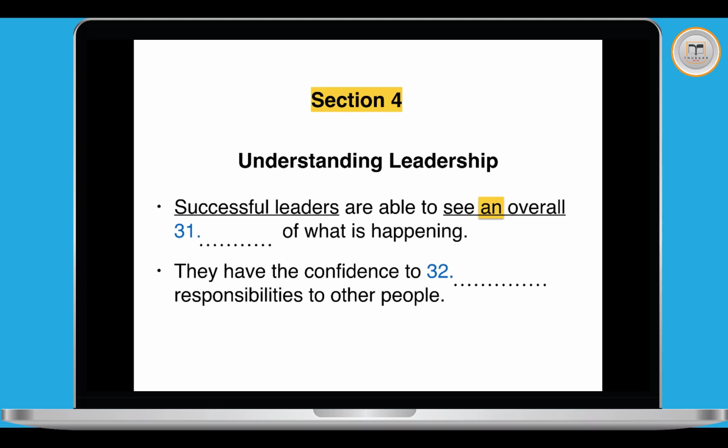An overall something of what is happening. Question 32. They have the confidence to something, responsibilities to other people. And I'll underline confidence to is going to be a verb after that. So I've highlighted the word to as well. To something, responsibilities.